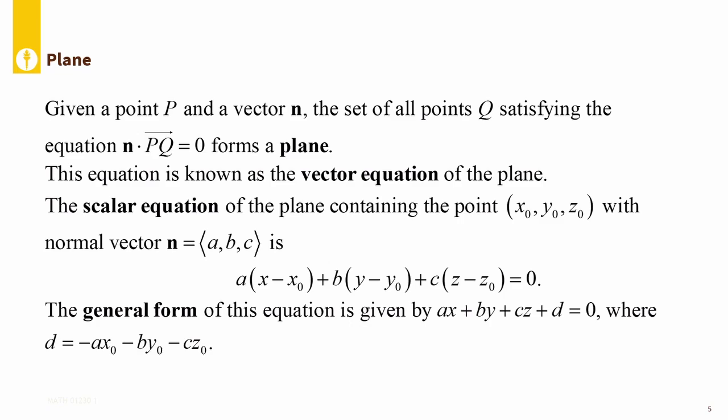I think it's standard form, where you just move the d over to the other side. ax plus by plus cz would equal negative d. For the most part, I'll be sticking with the general form for a plane.